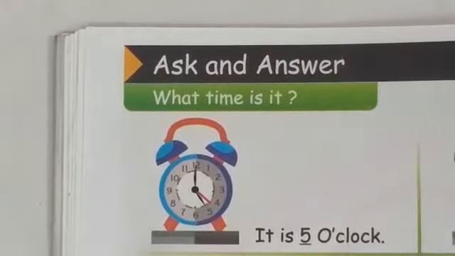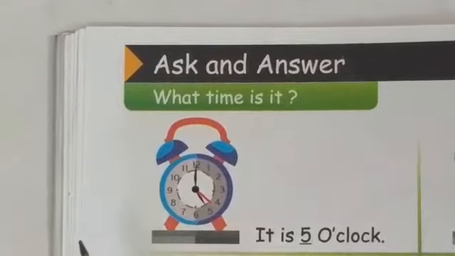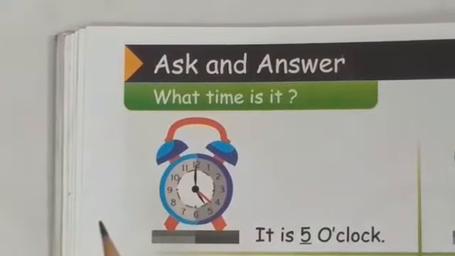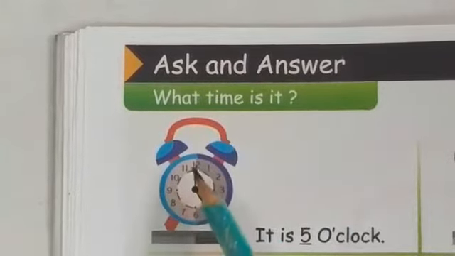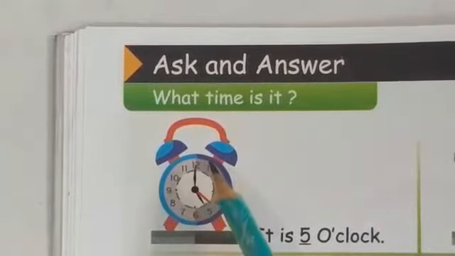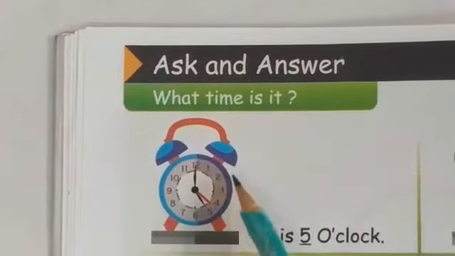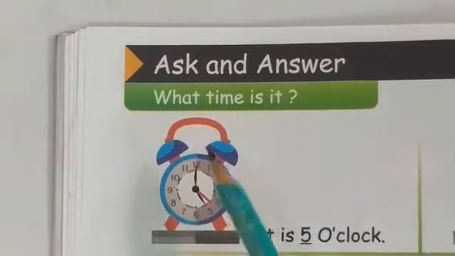And one more thing, students, to guess the time, what you have to do, your maths teacher also has told you about this. You have to read the table of 5 and it will be easy for you to guess the time.